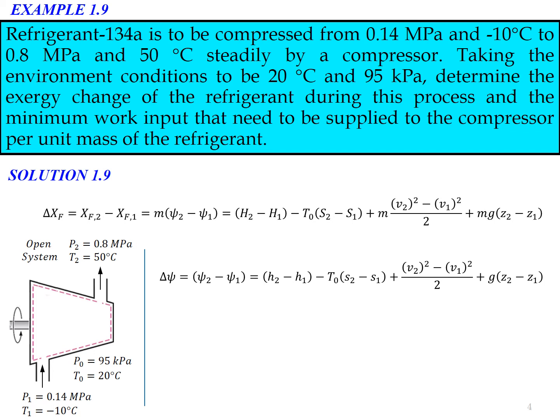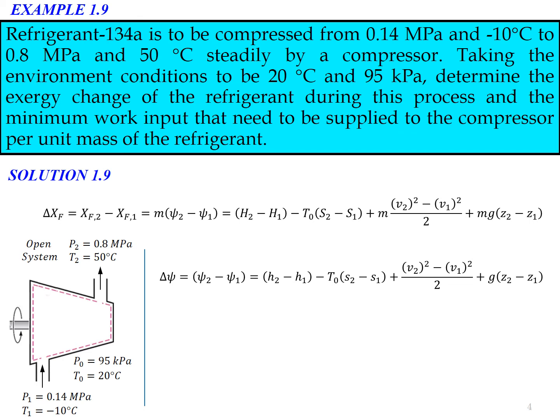The easy method is by using the exergy per unit mass delta psi, which is equal to specific enthalpy difference minus T0 multiplied by specific entropy difference plus kinetic energy terms and also potential energy terms, where the value of H2, H1, S2, S1 we can determine by using the refrigerant R134A table easily.